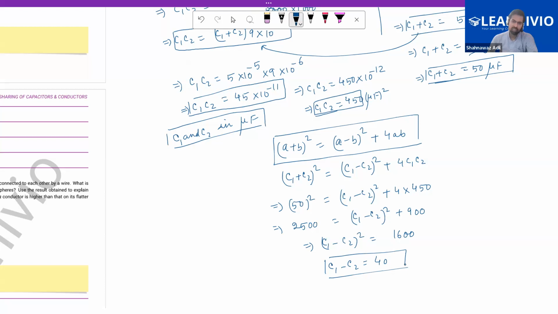Yes, sir. Now, how can we calculate C1 and C2? Can you tell me? How can we calculate C1 and C2 using this information? This was a very lengthy question. How can we calculate C1 and C2 from here?